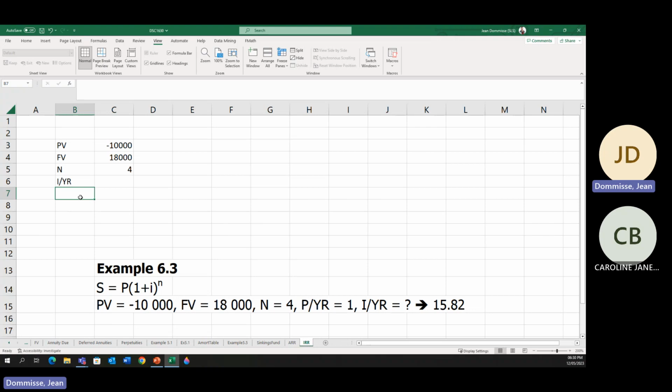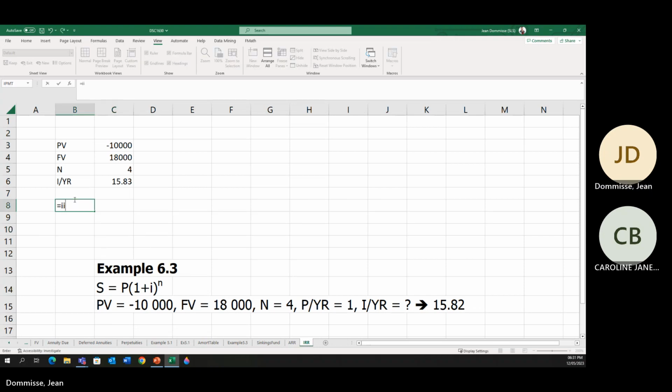Just want to make sure it's once a year, so that we just get that. It was for 4 years, and then you will work out your interest rate, which will be 15.83. Okay, so round it off.